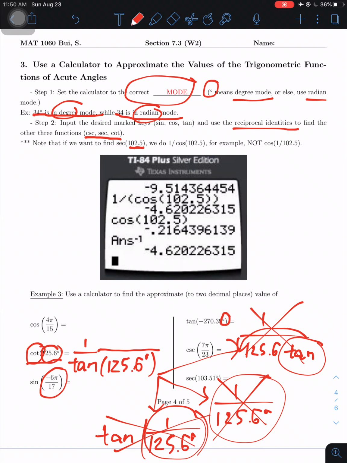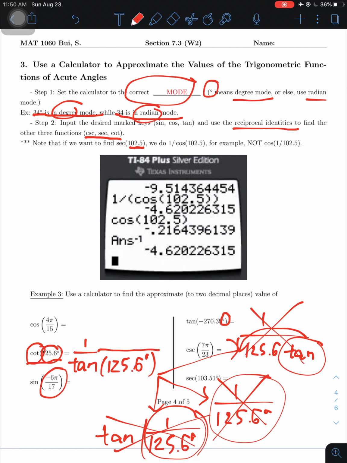It's an illegal input. Your calculator will show an error and you cannot go further, and that's when you know you have to switch the function back to the front of the angle instead of having it on the back. So these three are the common mistakes. I don't want you guys to use them, so make sure you don't do these.